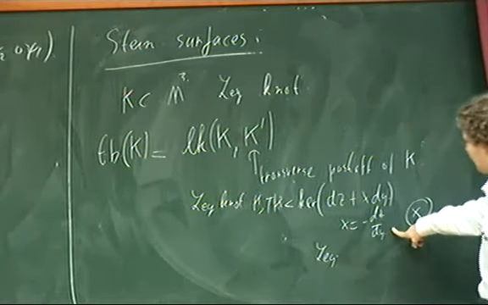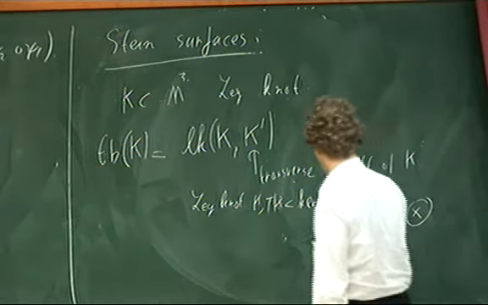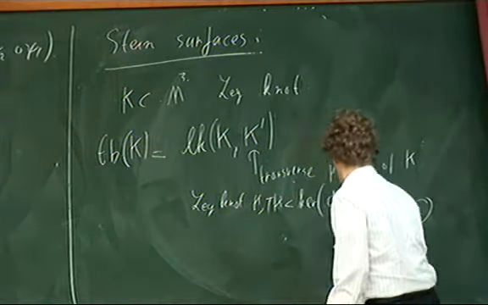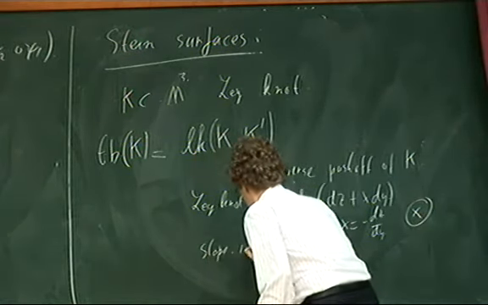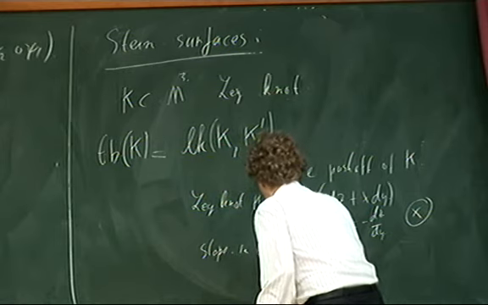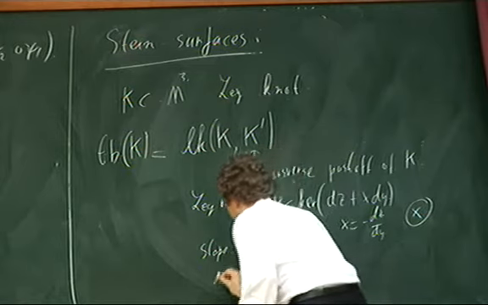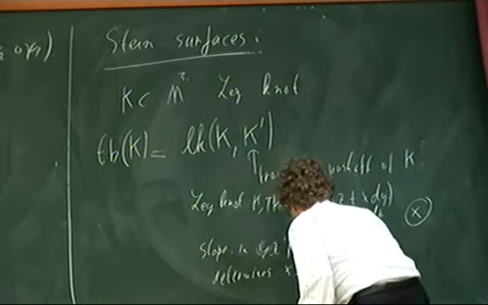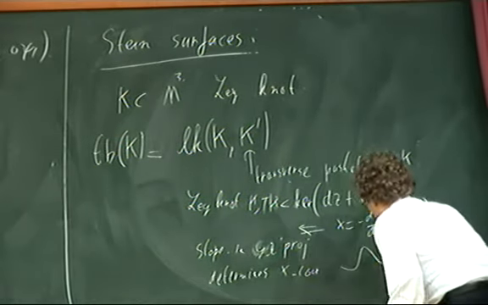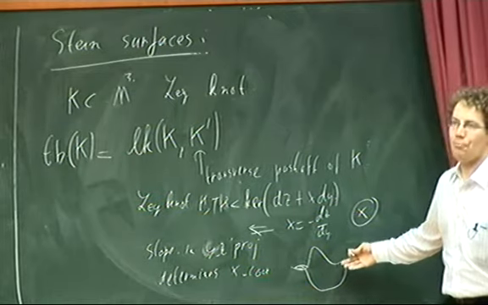So we see that the slope in a zy projection, or yz projection, determines the x coordinates. So if I draw a Legendrian knot like this, then this is a complete description.